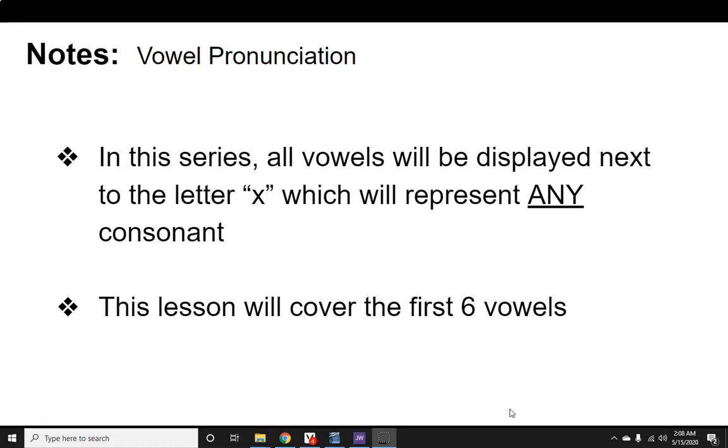In this series, all vowels will be displayed next to the letter X, which will represent any consonant. When you see the X, it's going to represent the fact that any consonant can be placed in that position. And in this lesson, we're going to cover the first 6 vowels. So, let's go.